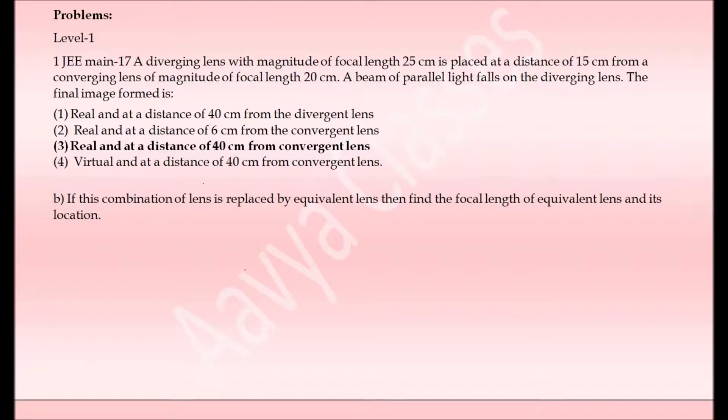One is a diverging lens, and its focal length is 25 centimeter, so we write f is equal to minus 25 centimeter, and it is placed at 15 centimeter from a converging lens of magnitude of focal length 20 centimeter. So we write f1 is equal to minus 25 and f2 is equal to 20 centimeter.